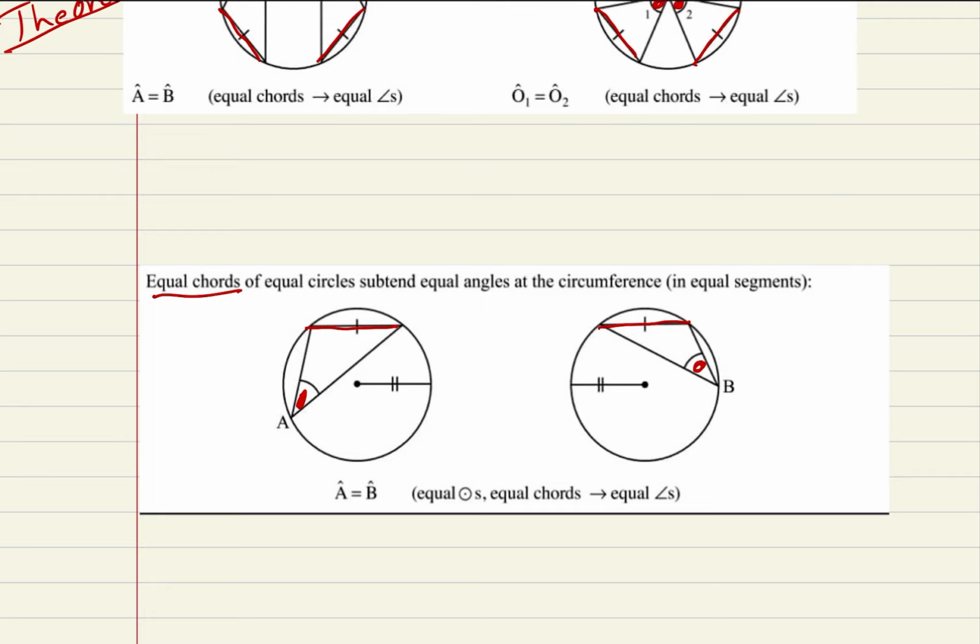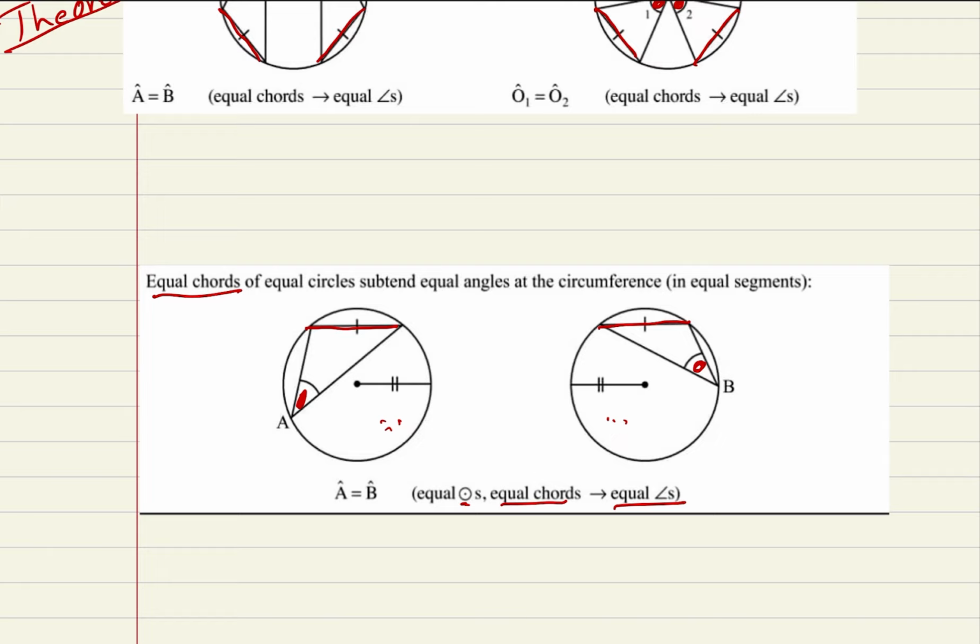So they said here equal circles, equal chords, equal angles. The only thing between these two is that they have two different circles.